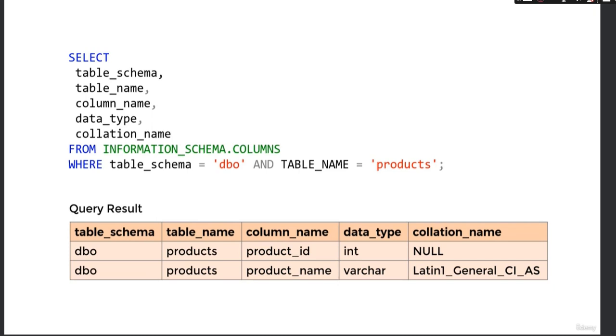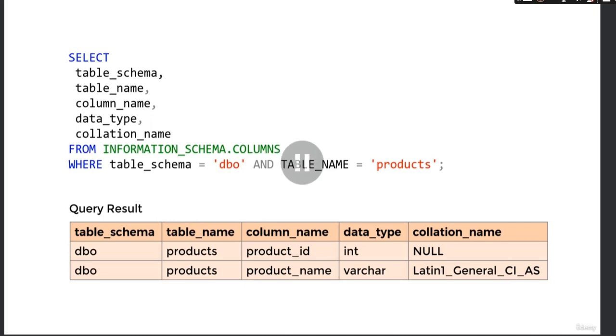So in this case we are getting metadata information about the columns in the products table, where table schema is equal to dbo and table name is equal to products.